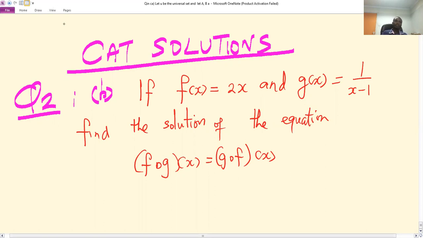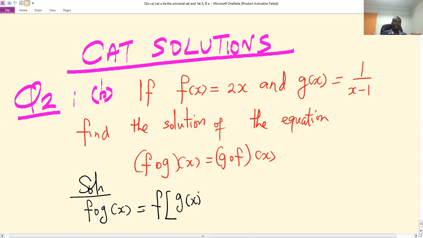Solution. So f composed with g means f becomes the function and g becomes the input. So the g function is 1 over x minus 1.